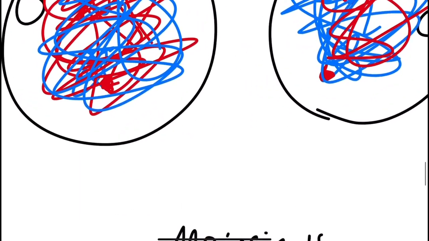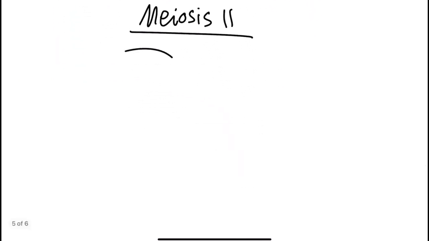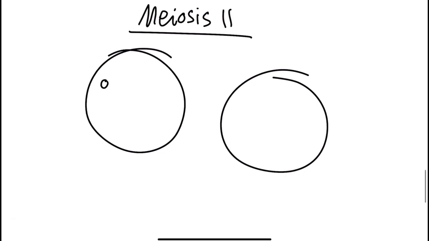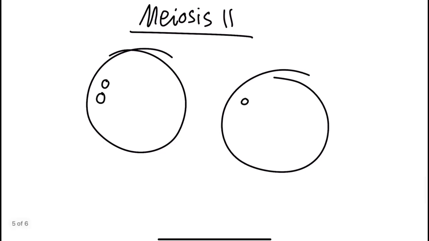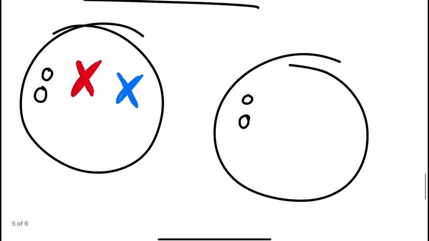My chromosomes are going to condense again. So this is my nucleus. I have my centrosome. There is going to be a duplication of my centrosome, as we said before. This is my chromosomes. Let's not forget that.